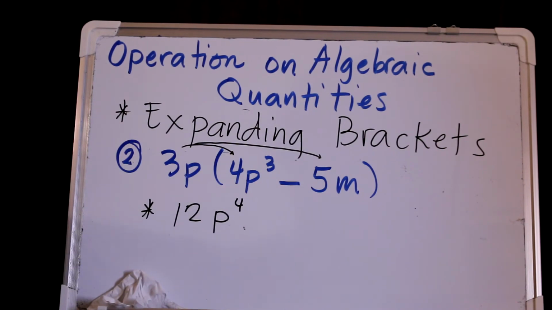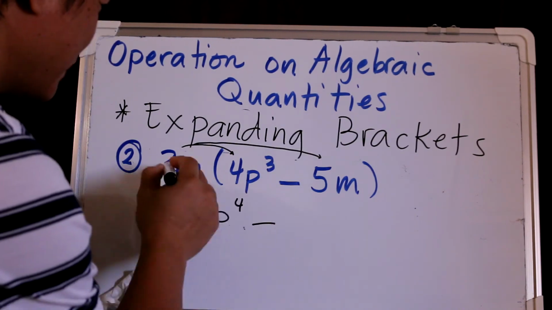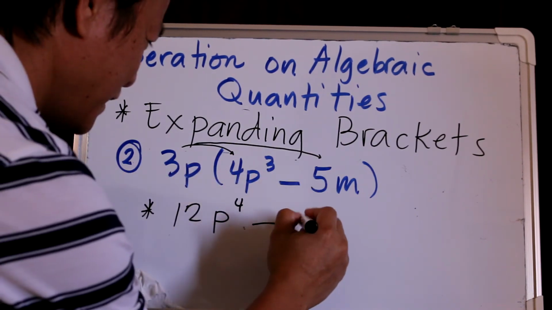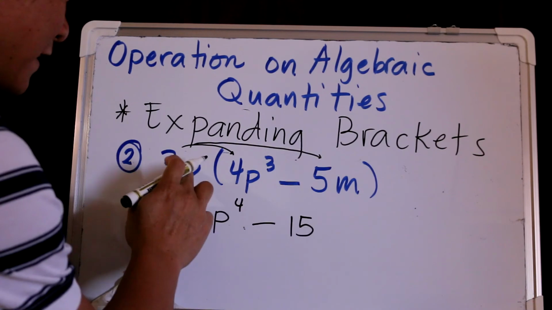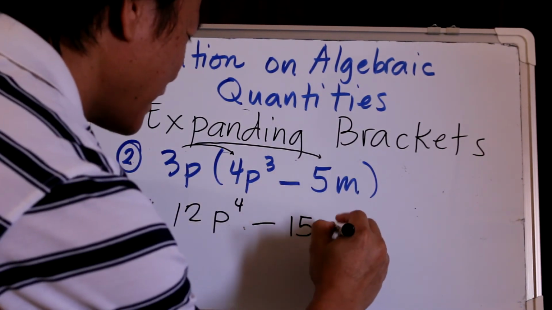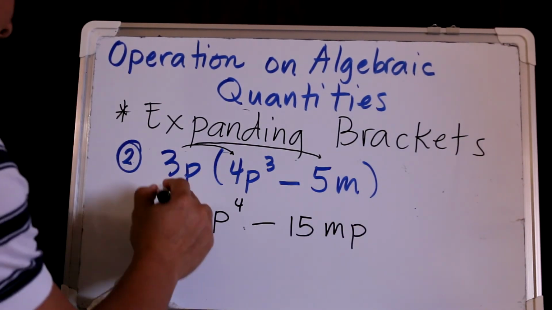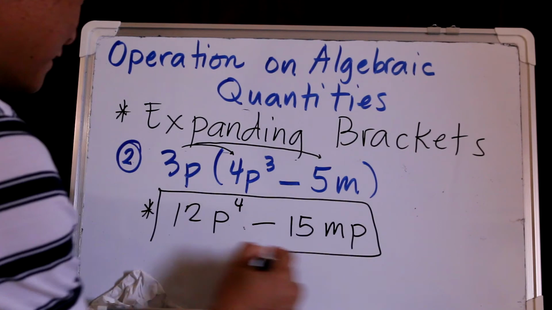Then that's a minus also, so minus 15, then p and m, so they cannot combine, so you can write m then p. Then this will be our final answer.